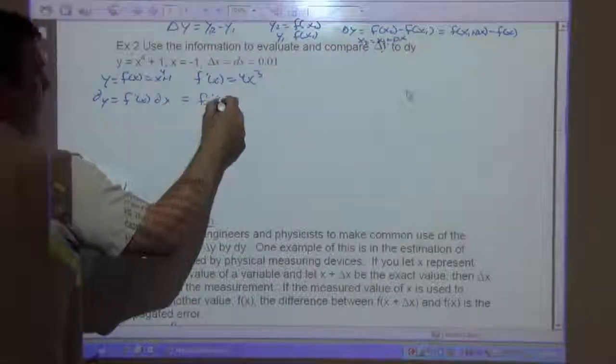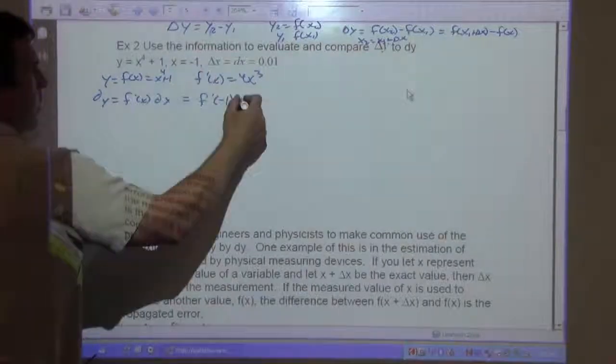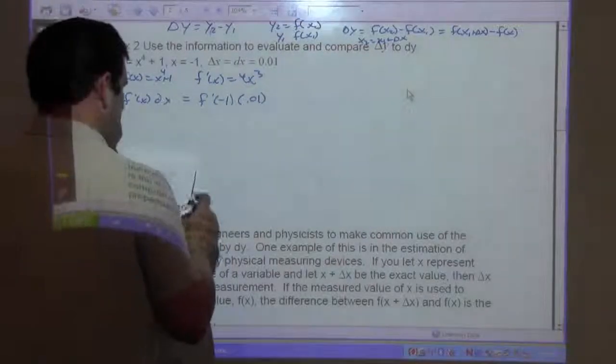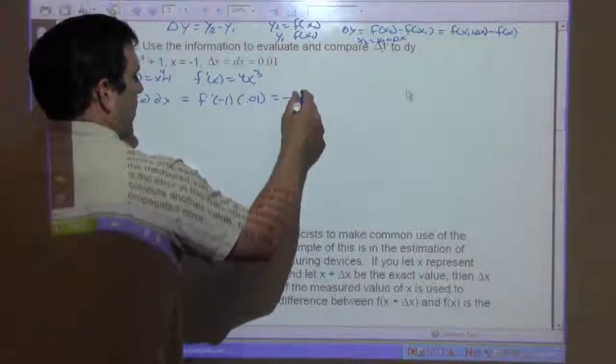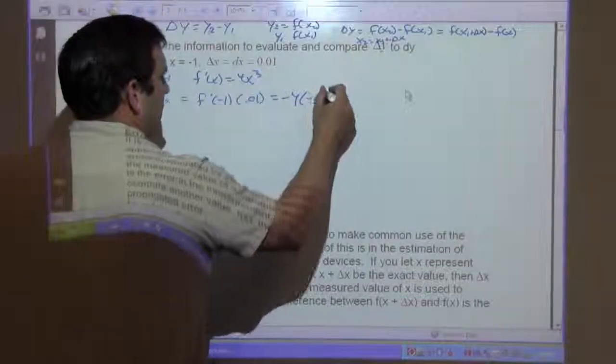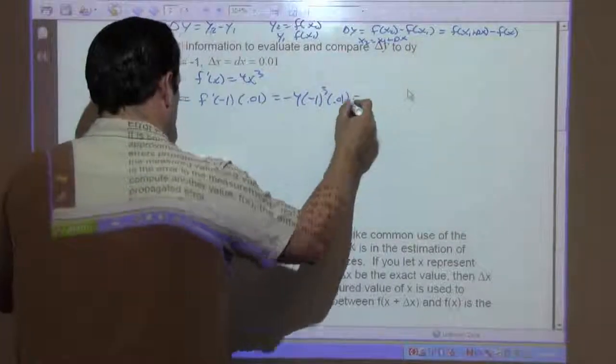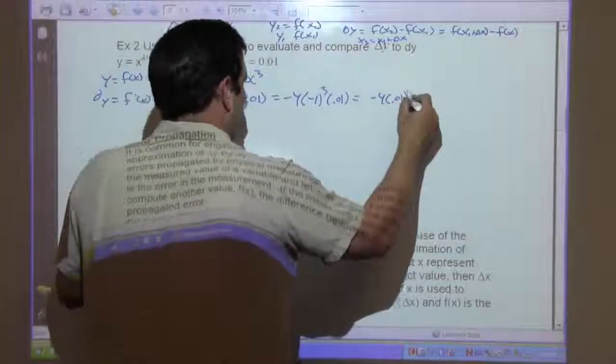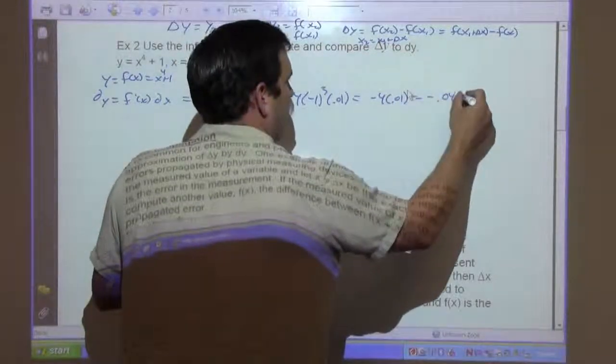It's going to be f prime of negative 1 times 0.01. It's going to be negative 4 times negative 1 cubed times 0.01. It's negative 4 times 0.01. That's negative 0.04, and that's our dy.